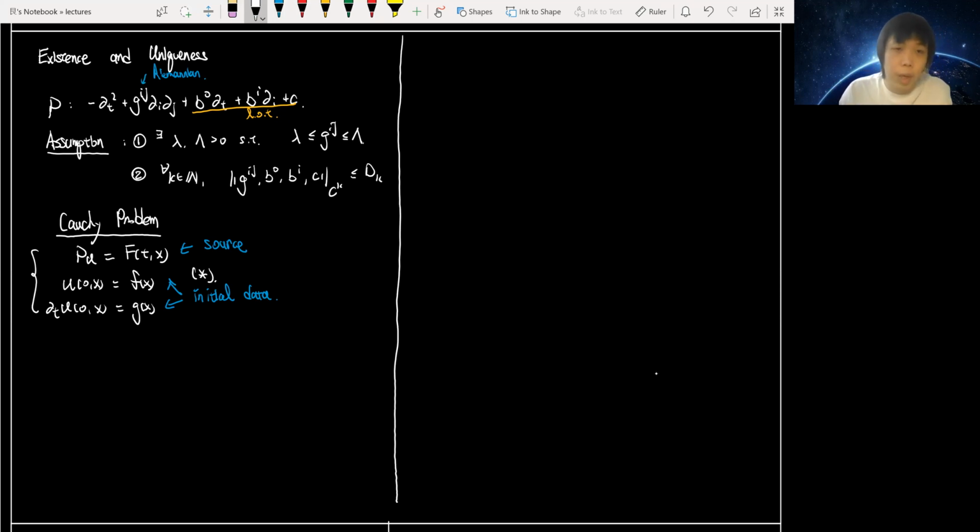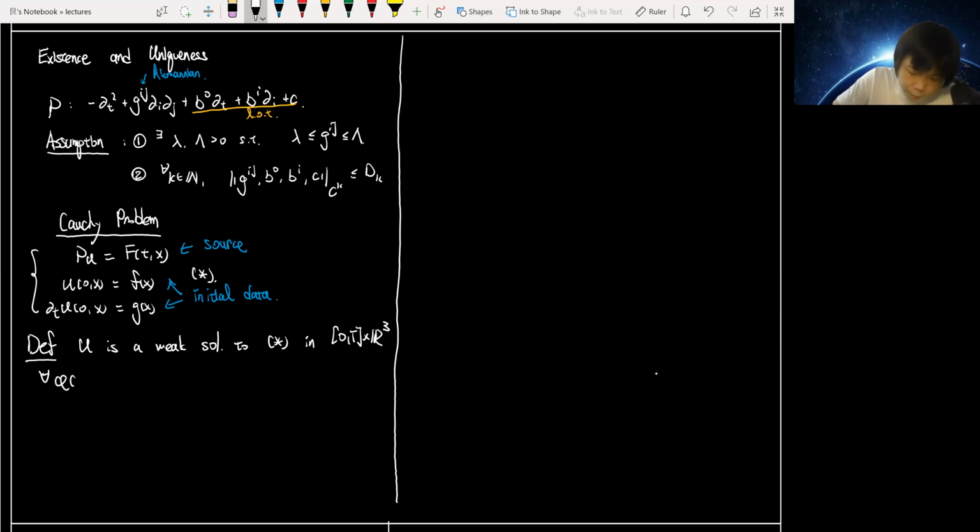Now, let me give you the definition of the weak solution to this Cauchy problem. u is a weak solution to star in [0,T] times R^3 if, well, it times a test function has the correct integral equality.